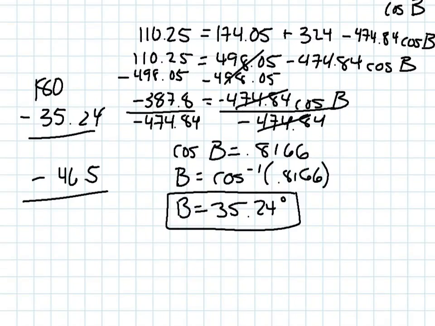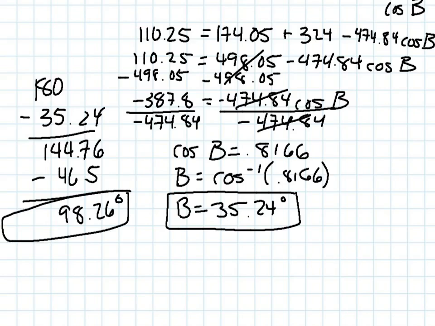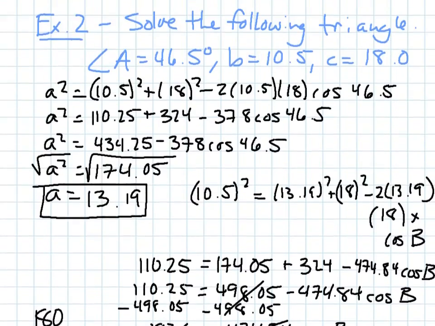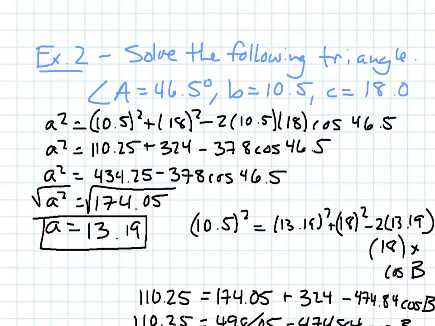So that'll give me, for angle C, 98.26. So now I have my two angles and the side that I was missing for this triangle.